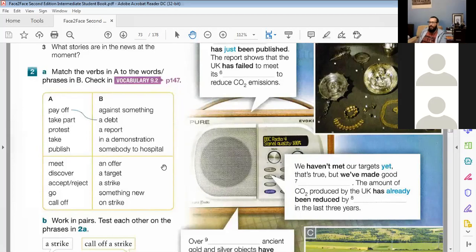What about already? In the example, when we say the UK has already been reduced by blah, blah, blah. What do you think? First of all, let's talk about the meaning of already. When we say the amount of CO2 produced in the UK has already been reduced by 2.7% in the last 3 years, what does already mean?